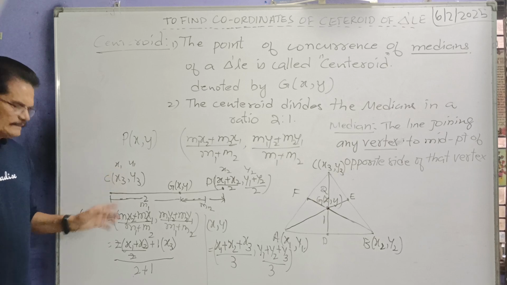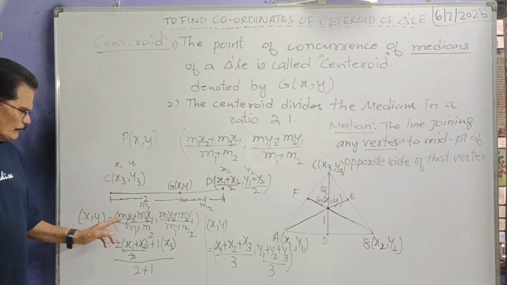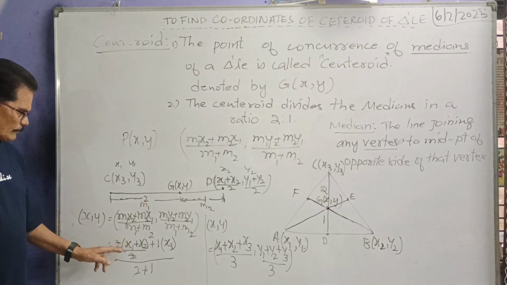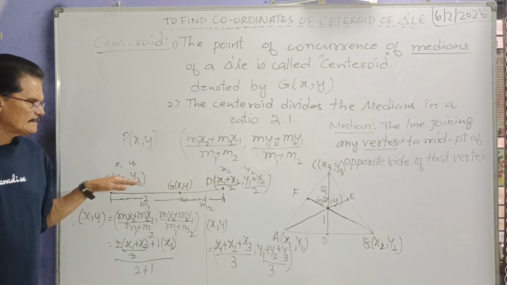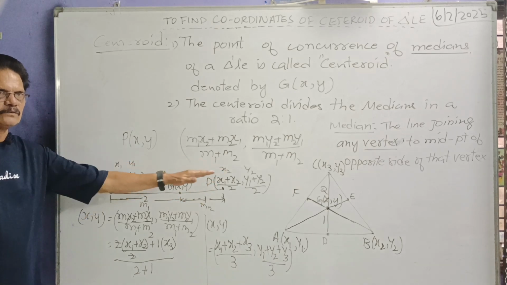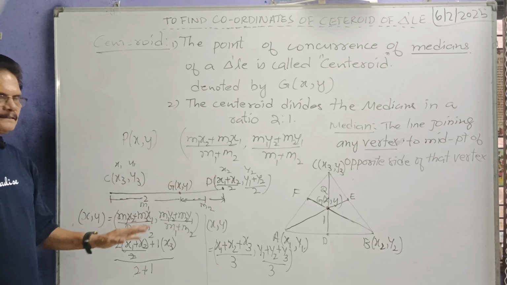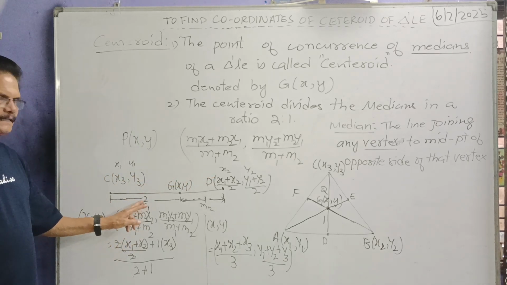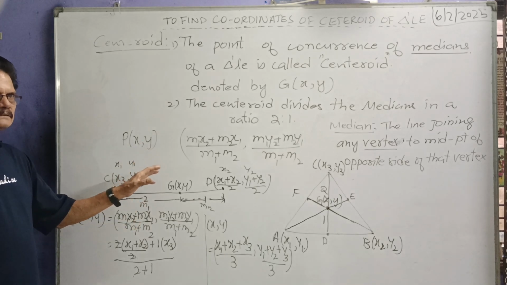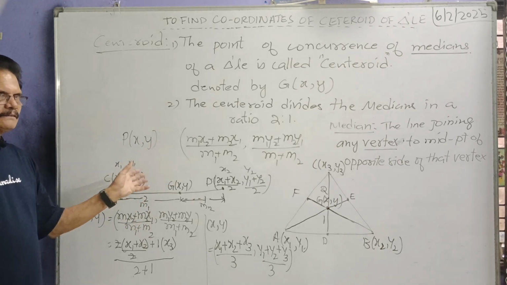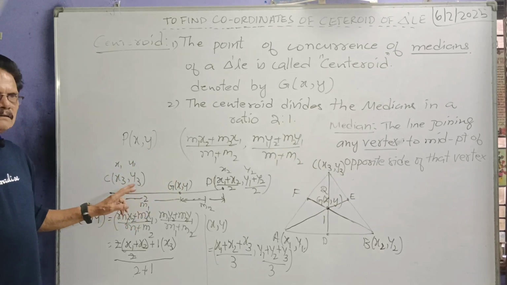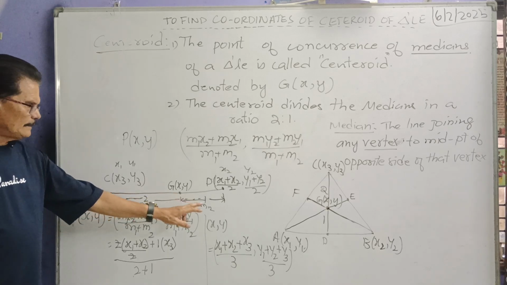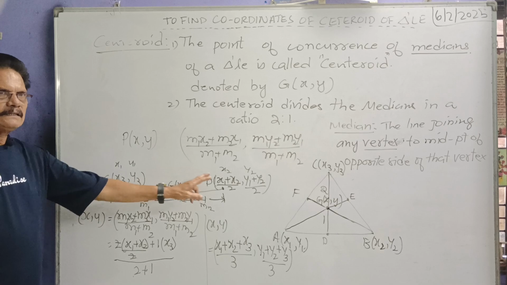Data is all here, no confusion. You have to name the components first: m1, m2, x1, y1, x2, y2. Don't forget to name them.